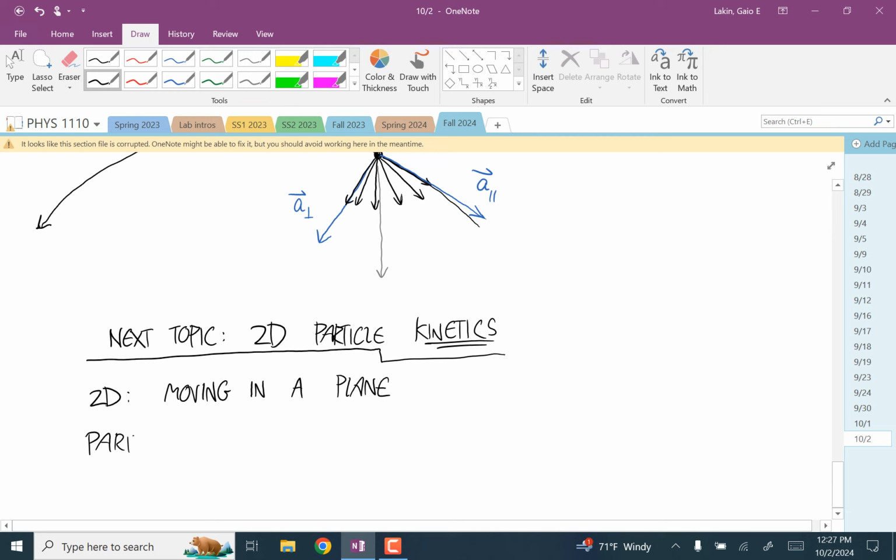Particle means the object is treated as having mass but no size.